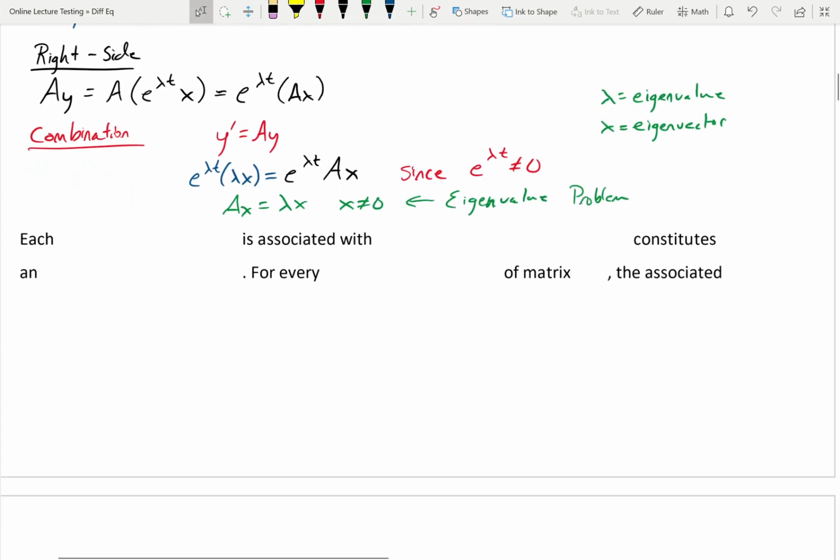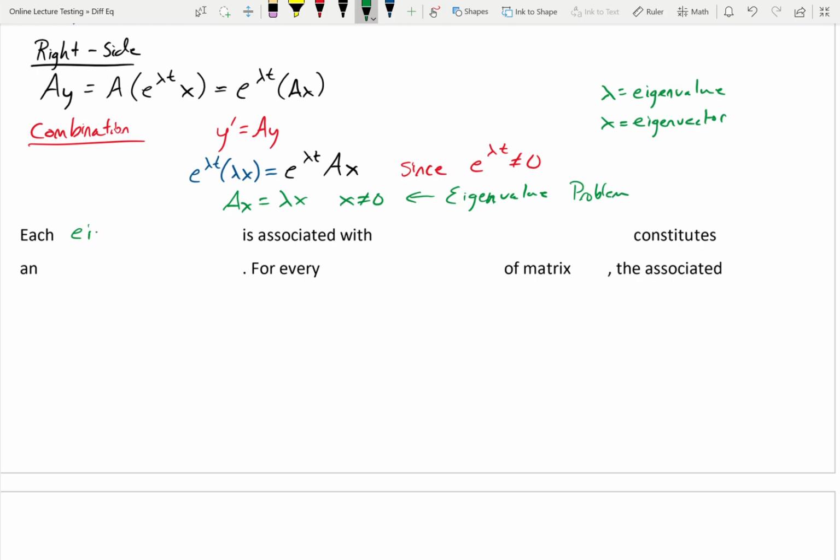All right, so each eigenvector, and that's x, that is associated with an eigenvalue, λ, constitutes an eigenpair. When we talk about an eigenpair, it looks like a coordinate pair, but it's (λ, x).